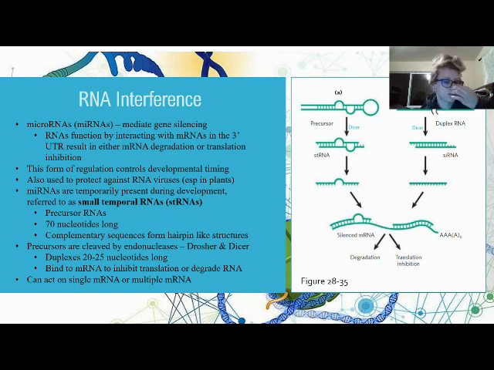These can act on a single mRNA or multiple mRNAs. So over here we have the precursors and the small temporal RNAs that are cleaved by the endonuclease Dicer, and they go back to silence this mRNA, which can lead to degradation or just translation inhibition.